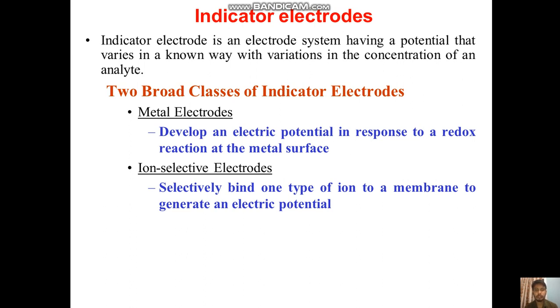Metal electrodes develop an electric potential in response to a redox reaction at the metal surface, and ion selective electrodes selectively bind one type of ion to a membrane to generate an electric potential.